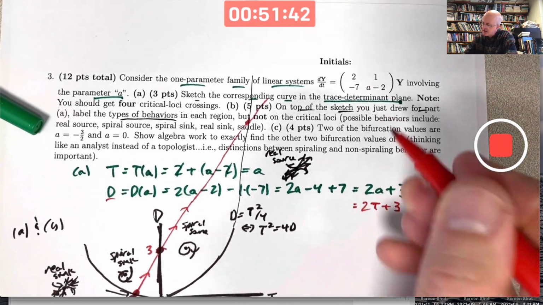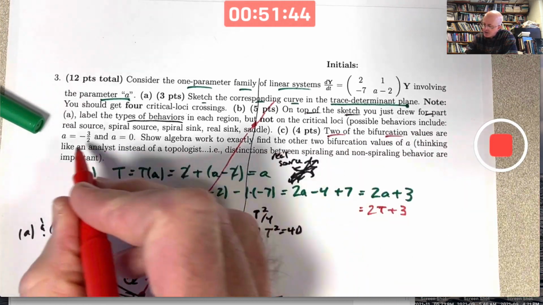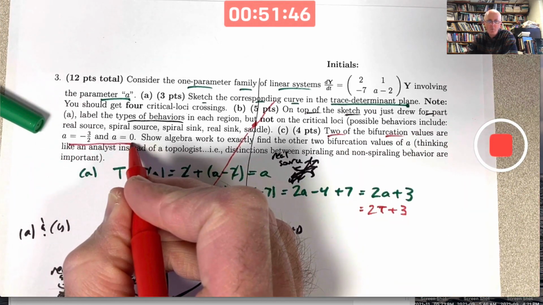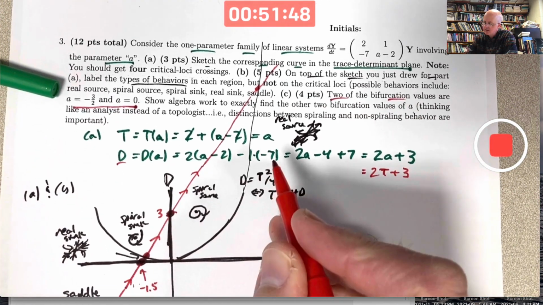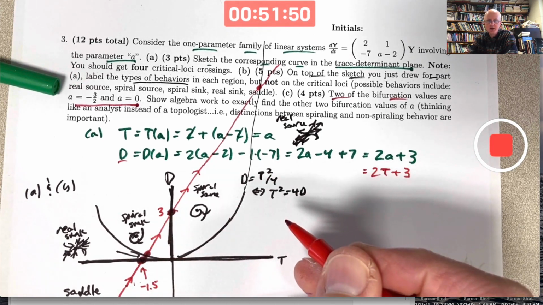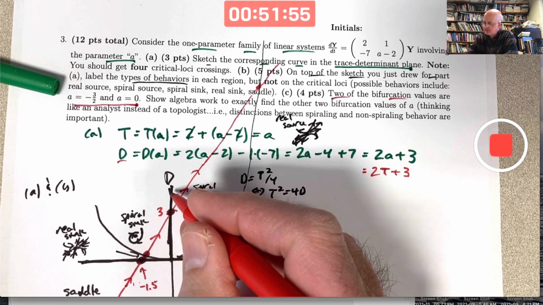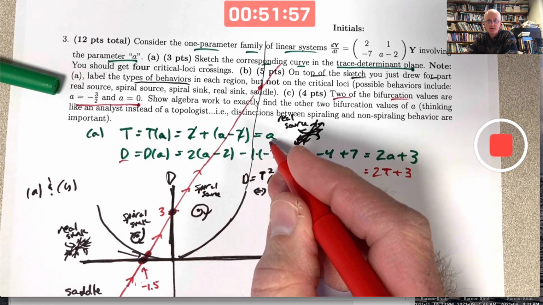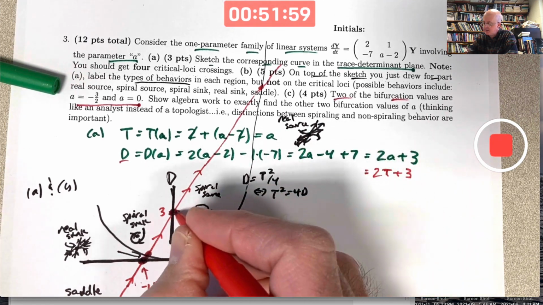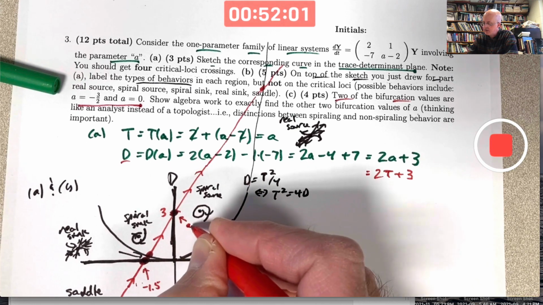Part C. Two of the bifurcation values are -3/2 and 0. Why? When we cross one of the critical loci, that's where bifurcations occur. We're going to cross the positive d-axis when t is 0, in other words, when a is 0. We're right there when a is 0.